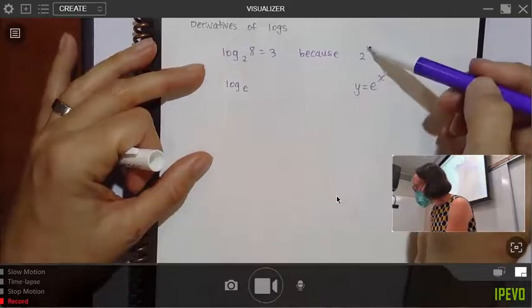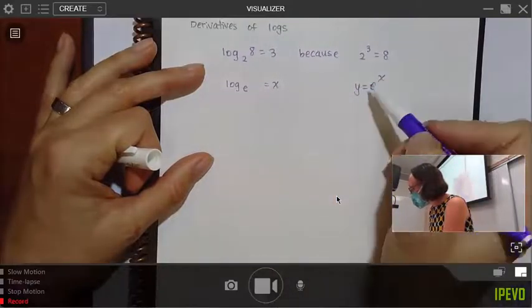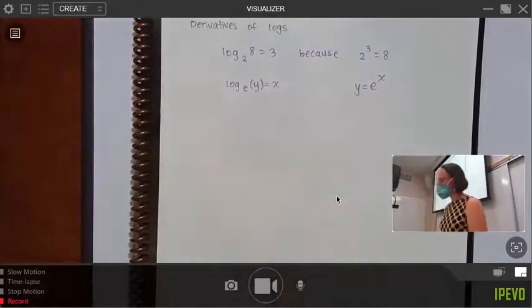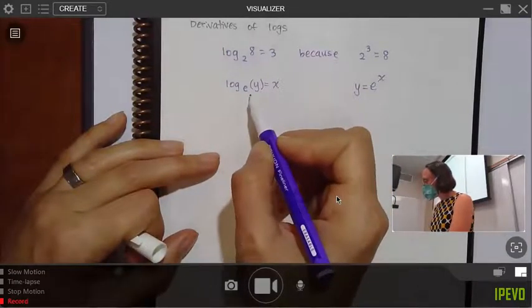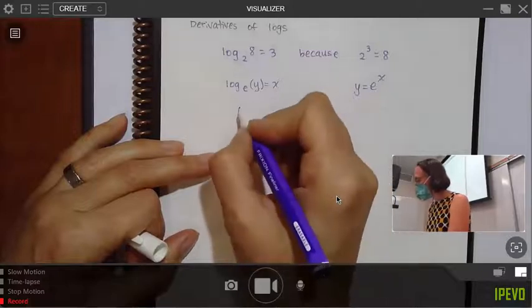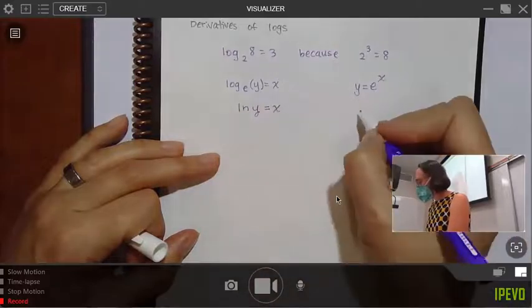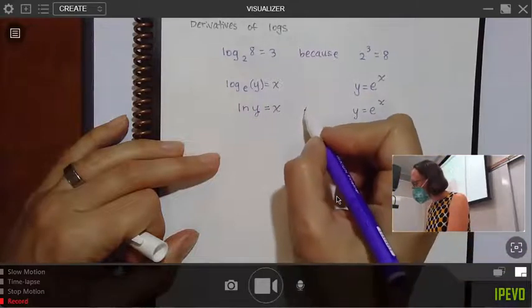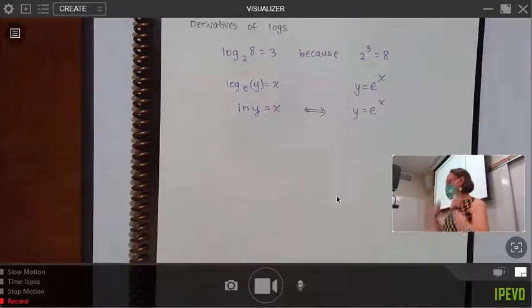What's in the place of the 3 there is the x, that's the exponent part. And the 8 is what went inside over here. Our shortcut notation for writing log with a base of e is to say natural log. So these are really our equivalent statements.